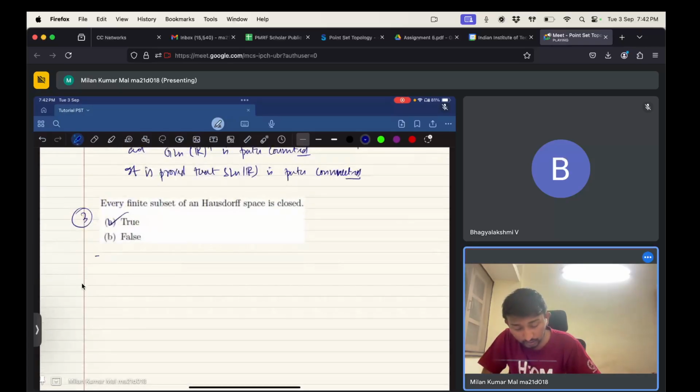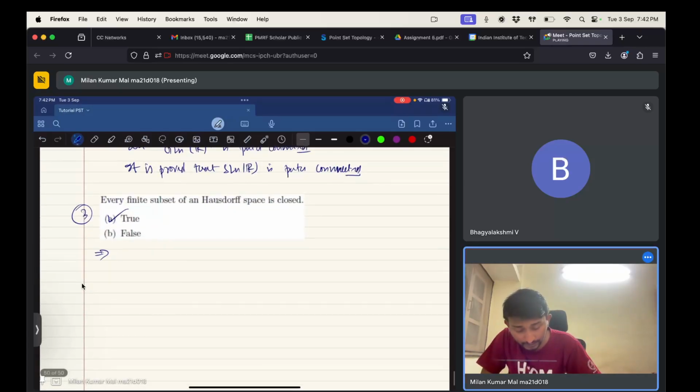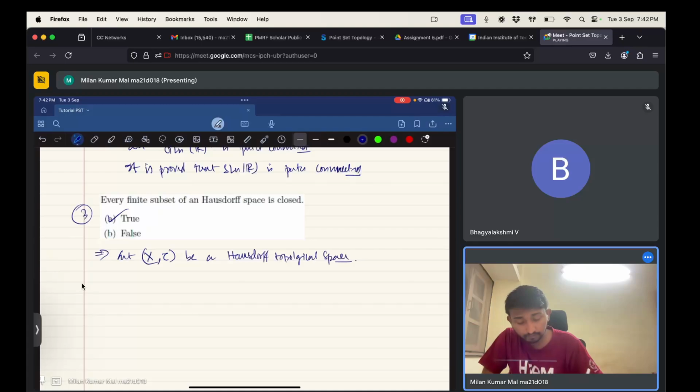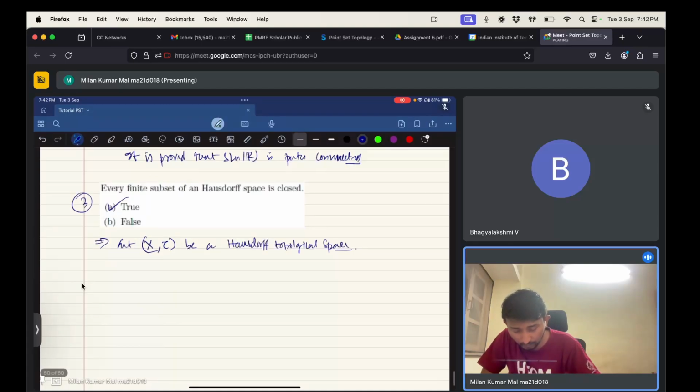This is true. Why is this true? That I will prove. Let (X, tau) be a Hausdorff topological space. Take a point x here.